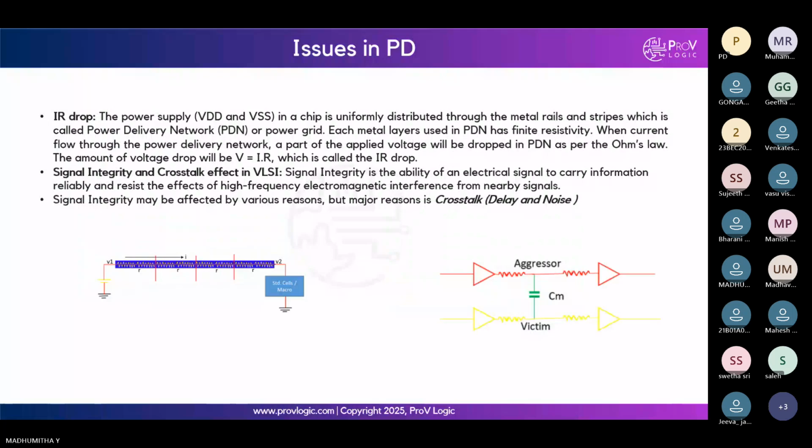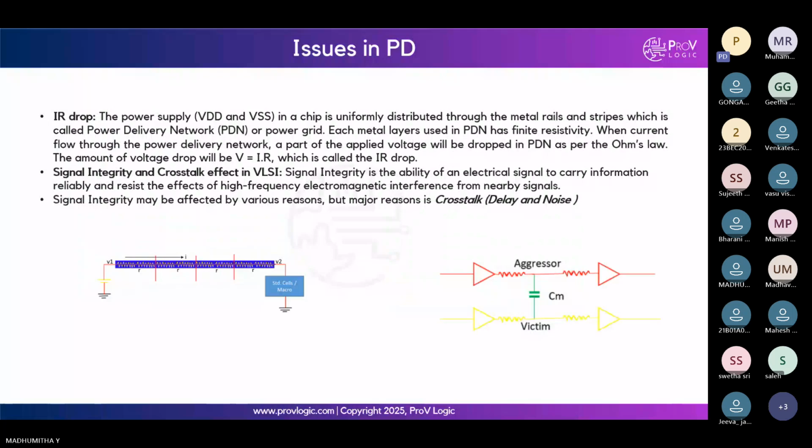Okay. Next is signal integrity and crosstalk effect. For the signal integrity and crosstalk effect, please look into the second diagram where there are two nets. Nets means metal wires. So there is one red color wire and one yellow color wire. What is the basic concept of this crosstalk effect?